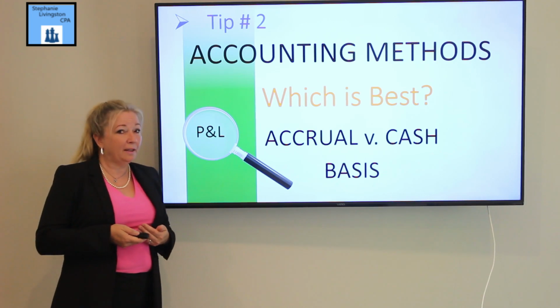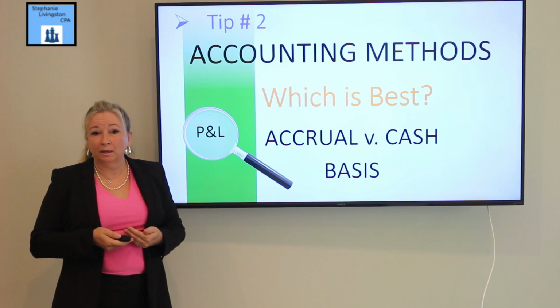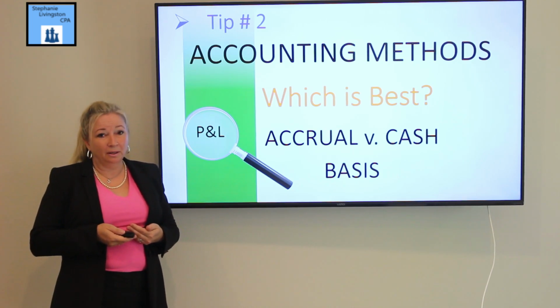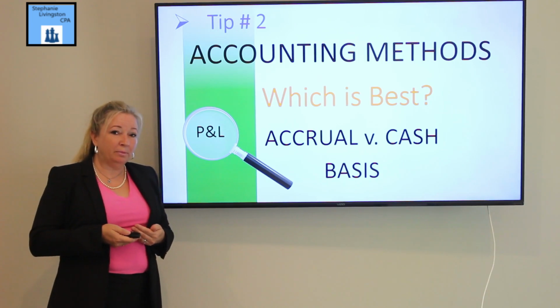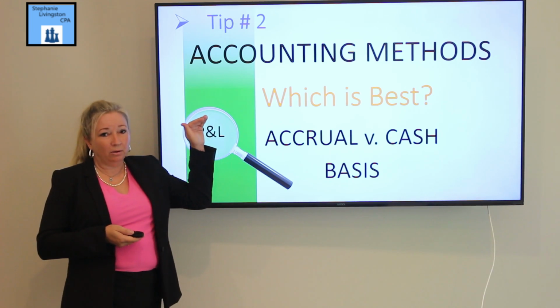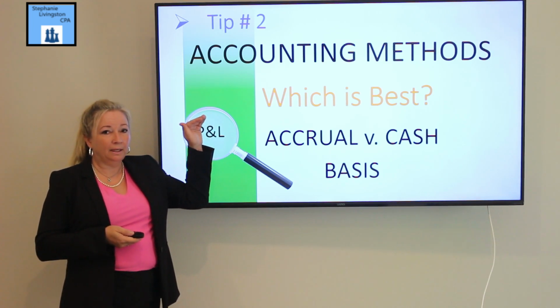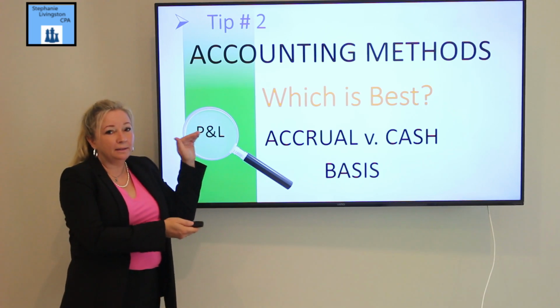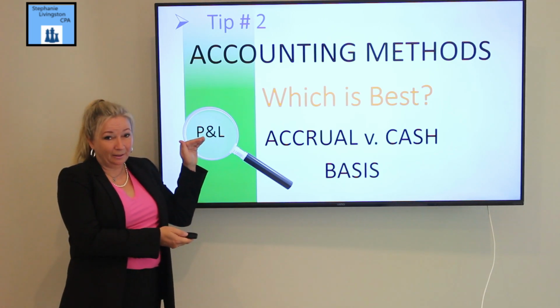It doesn't mean that your customer paid you, and it didn't mean that you had paid your workers. It only meant that on a matching principle basis, the income or the sale for a job and the cost of the labor for the job is on the same period of profit and loss.